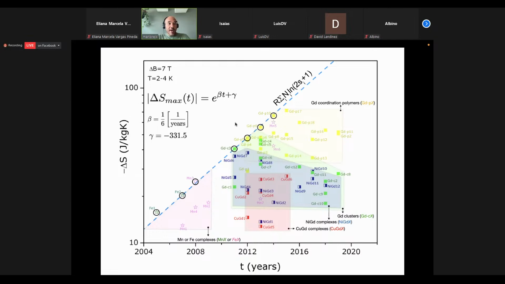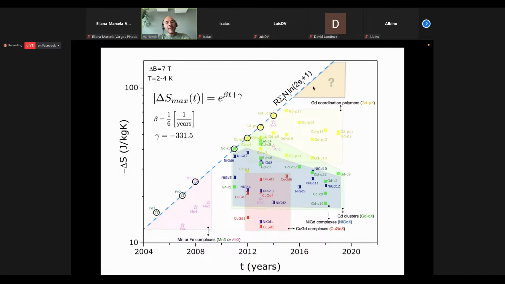And you can determine a law, let's say like that, as a function of time. And as a consequence, we can ask, what comes next?